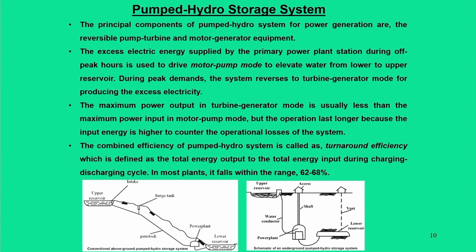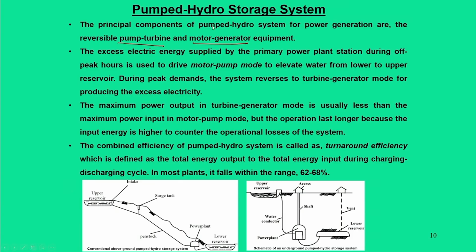Another important part, which I have already mentioned, is the excess energy supply. During the storage phase the pumped hydro systems operate in motor-pump mode, and during the generation phase they operate in turbine generation mode.